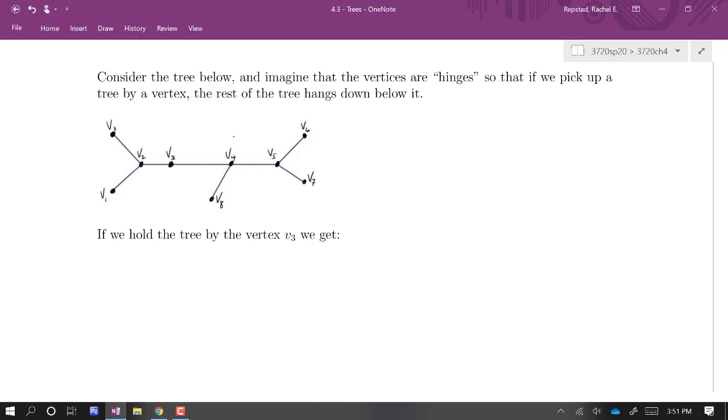When we choose a vertex at which to hold up that tree, we say that we're picking a root. So if we were to distinguish V3 as being a root and redraw it, then V3 is at the top here. And down below, on one side I'm going to have V2, and hanging below that is V0 and V1.